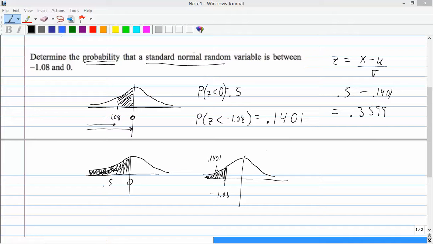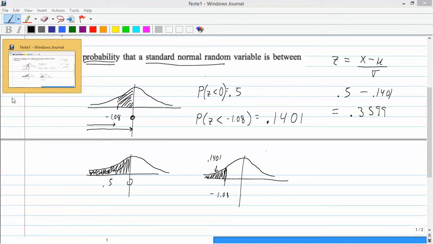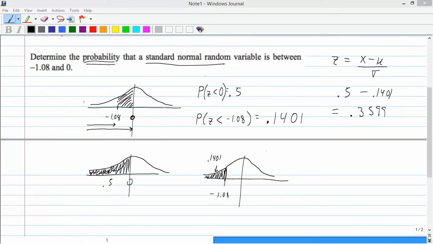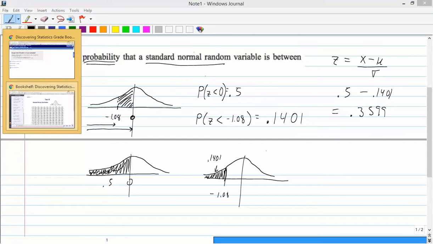All right, so now let me explain to you in more detail. Let me see if I can find a problem that says either greater than or less than or something like that. Or I could really just make one up. Give me just 1 second.